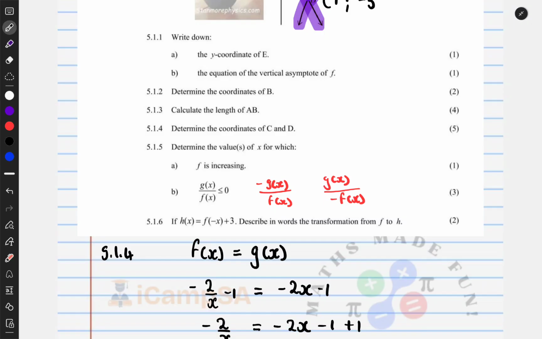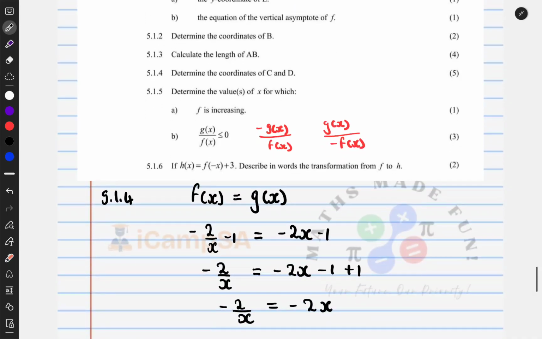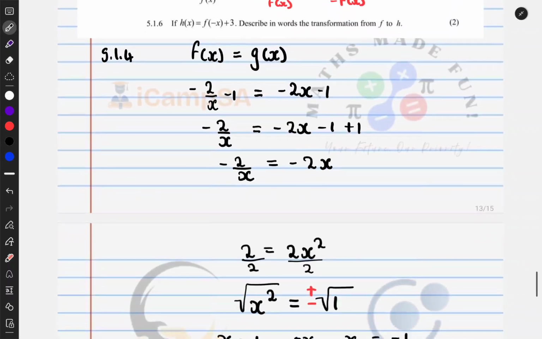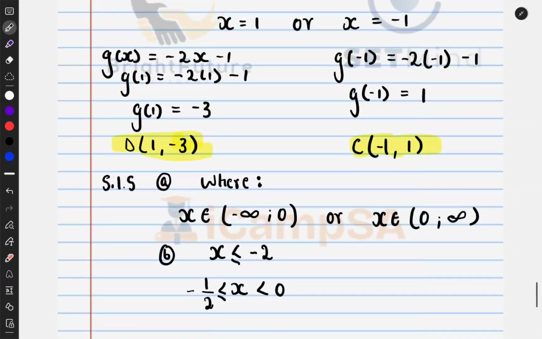So by changing the sign of the value of x, we are actually mirroring or flipping the function of f about the y-axis. So first thing first, the function will be flipped about the y-axis.